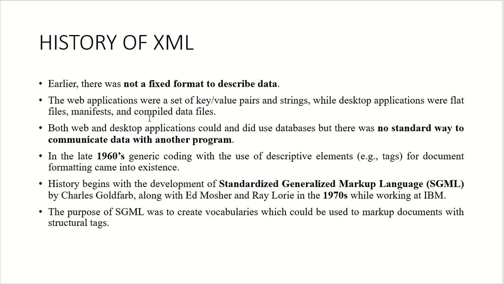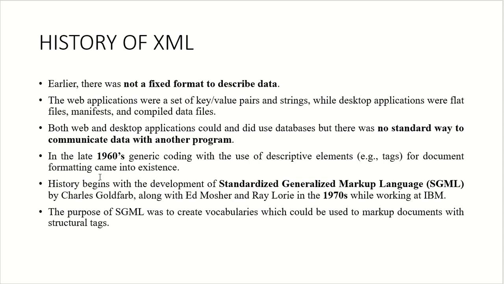So how to communicate between the two applications or two platforms or two machines? There was no standard way to communicate data with another program. So in late 1960s, generic coding with use of descriptive elements for document formatting came into existence. Alright, some tags were developed, but this was also not the end.